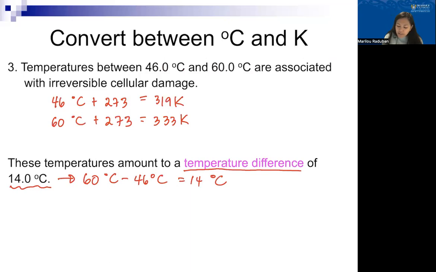Notice that if you subtract the temperatures in Kelvin, 333 Kelvin minus 319 Kelvin, meaning you subtract the converted temperatures, you will find that that's equal to 14 Kelvin as well.